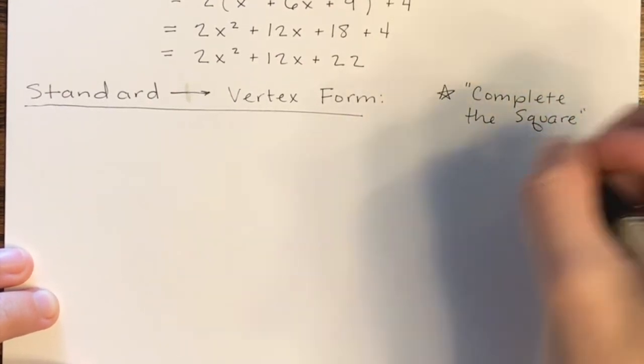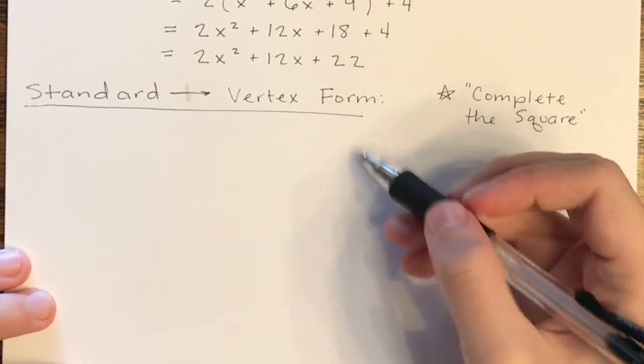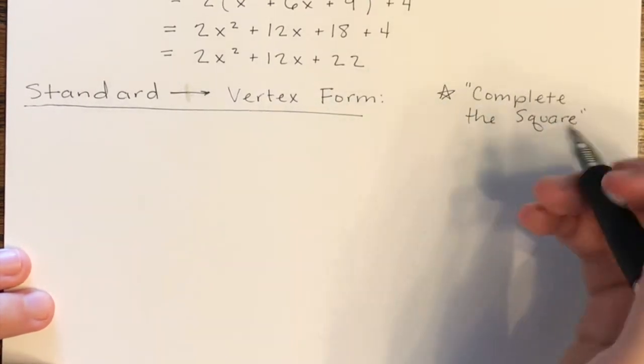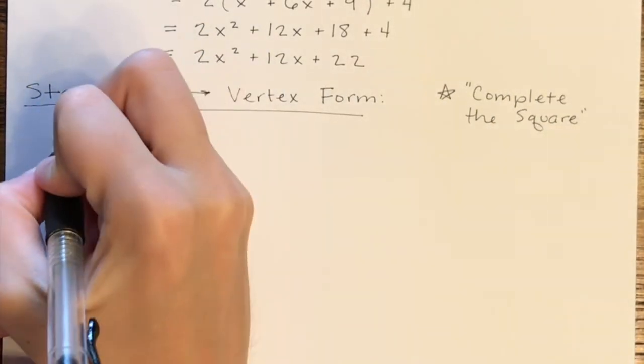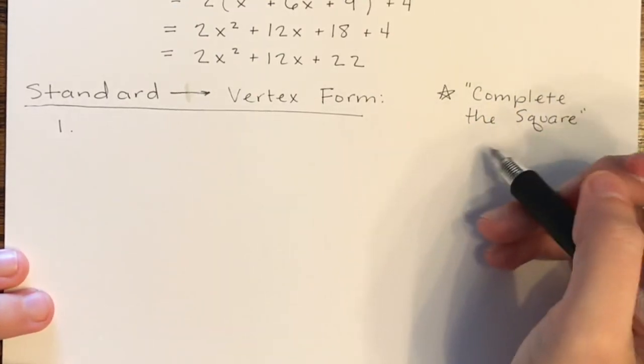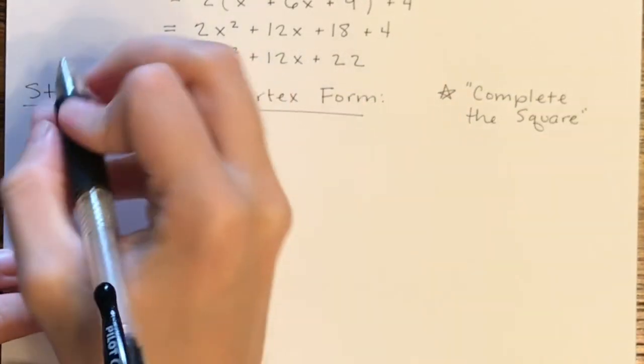We're not actually going to talk about how to complete the square here. We're going to do sort of a shortcut, but completing the square is something you might see if you continue on to later math classes. Again, this is a shortcut. If anything you see in this class asks you to complete the square, you can take this shortcut.